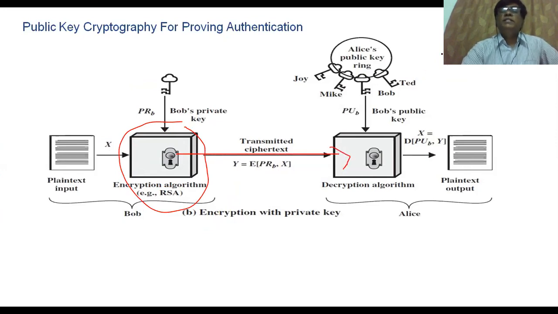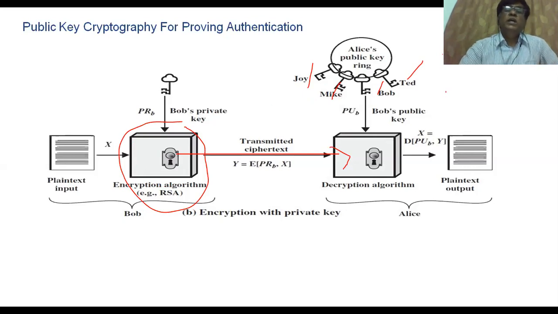Assume Alice has different public keys with her. Those public keys belong to different persons. Similarly, suppose Alice has Joy's public key, Mike's public key, Bob's public key, Ted's public key, like this. Alice has a set of public keys.